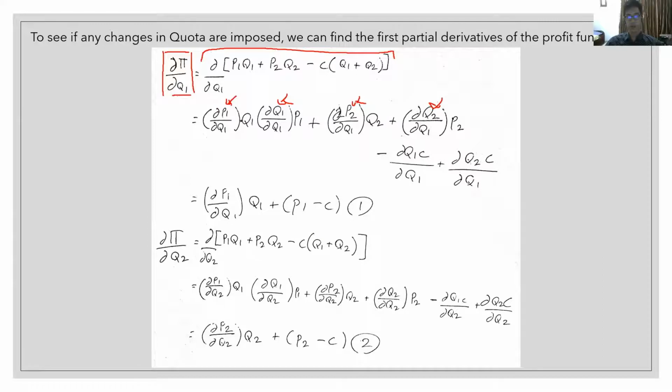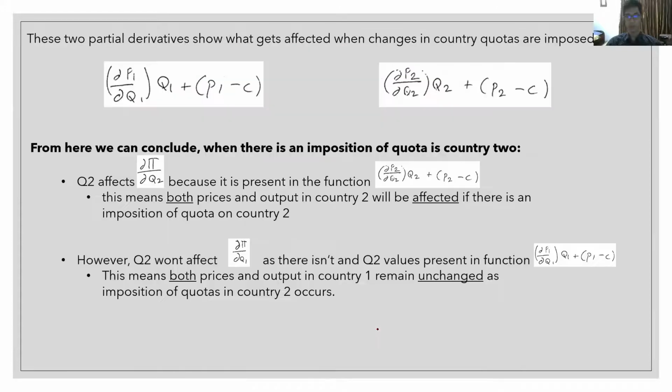After we have derived everything and obtained the first partial derivative, we get this value, which I labeled as 1. Then we do the same thing for Q2 below here, calculate everything, and get the result for the partial derivative with respect to Q2.